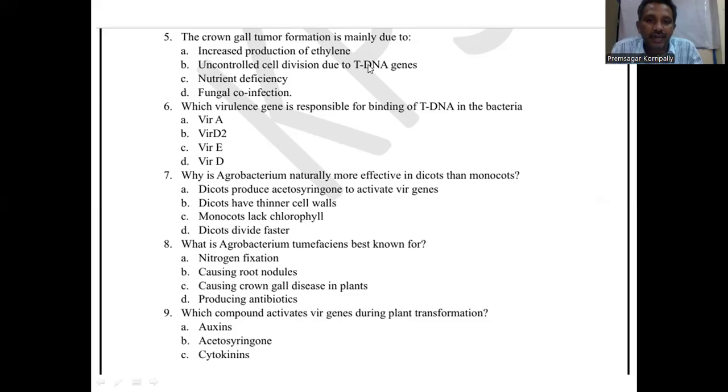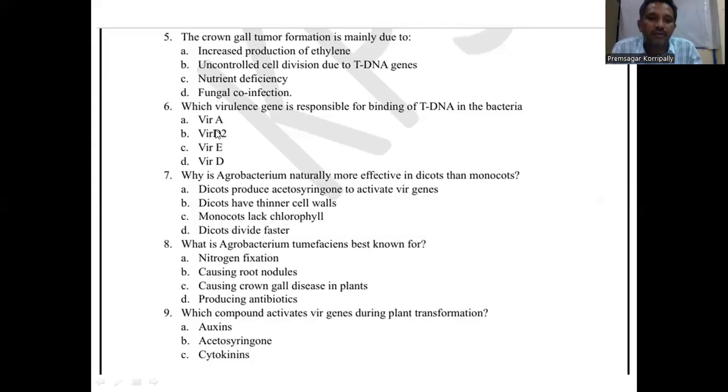The tDNA region in the Ti plasmid, that's the tumor-inducing plasmid, carries cytokinin and auxin genes. Those genes are responsible for uncontrolled cell division. The answer is B.